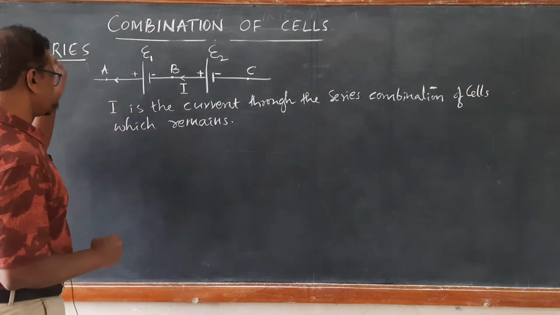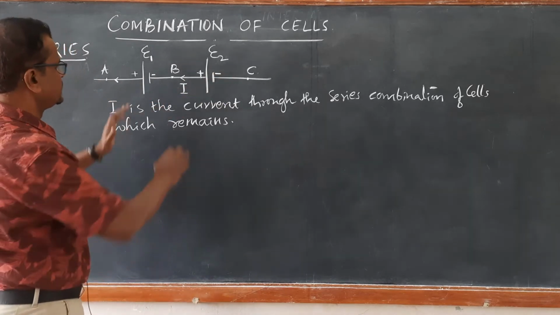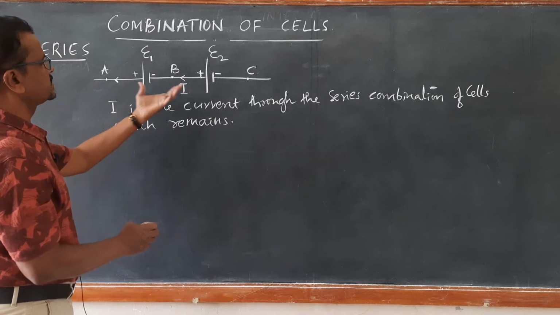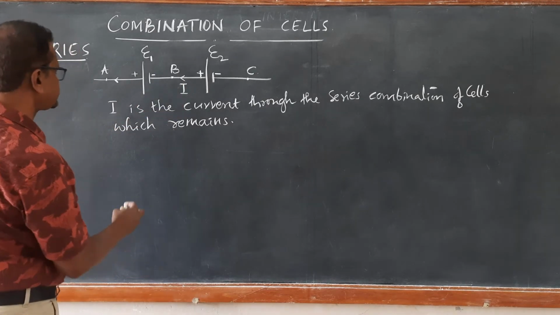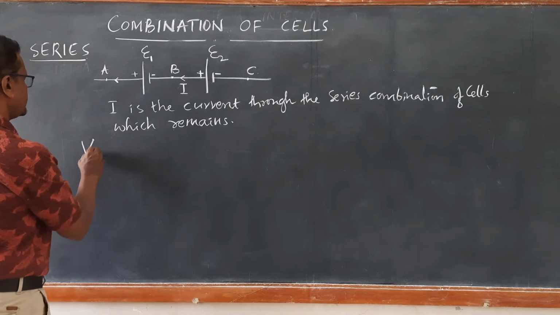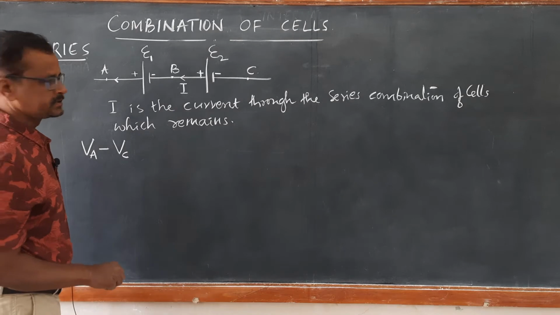Then what happens? I want to find out what is the potential difference across A and C, because this A and C contains the combination of E1 and E2. VA minus VC, I want to find out.